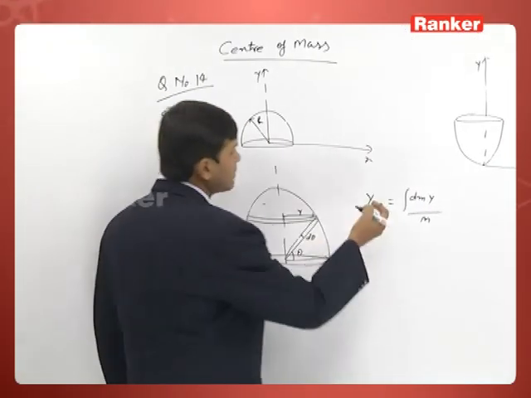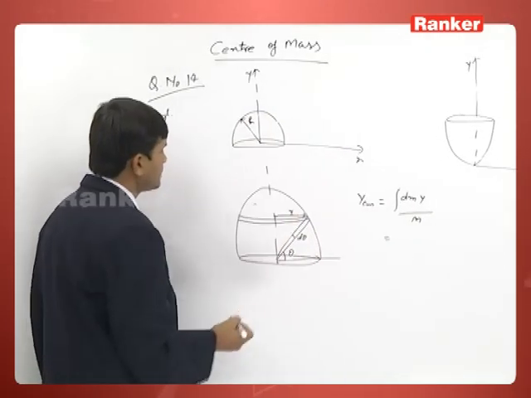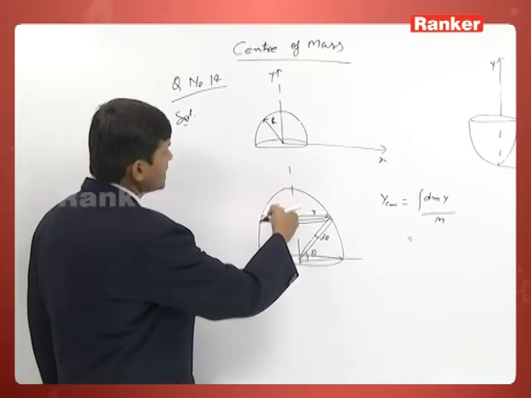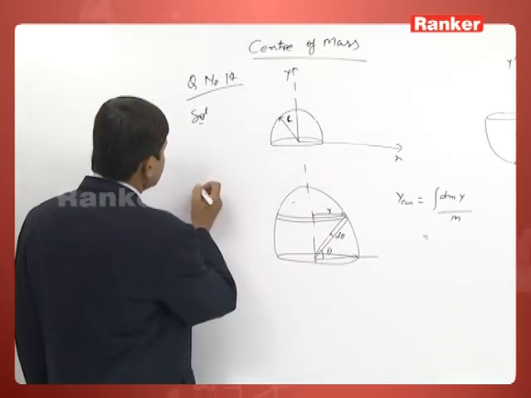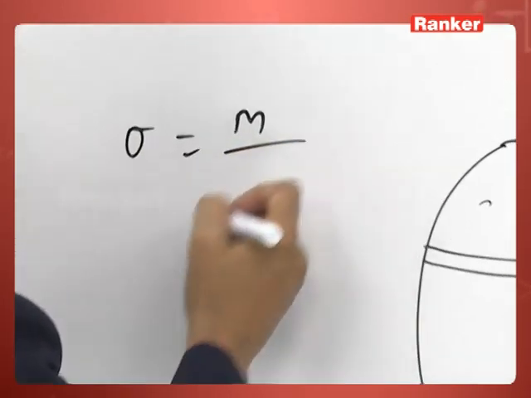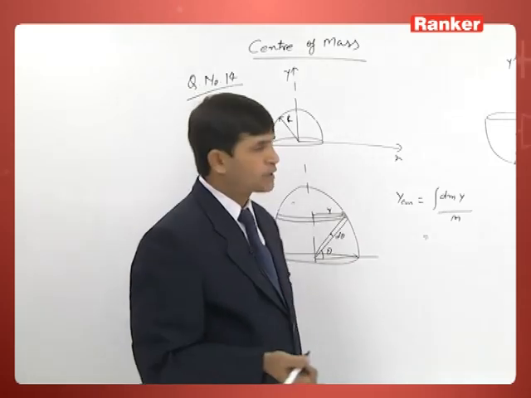So what is the value of dm? Total mass is M, and the area of the hemispherical bowl is 2 pi R squared. The sigma can be written as M by 2 pi R squared.